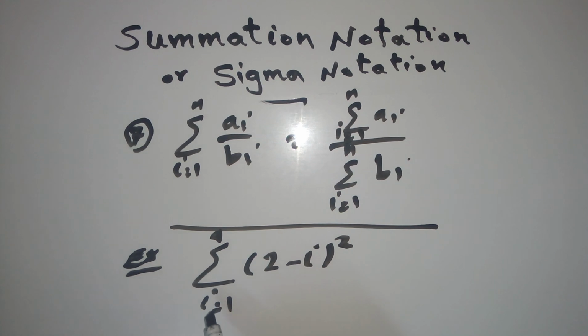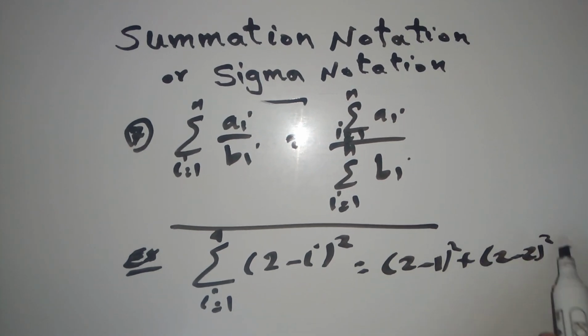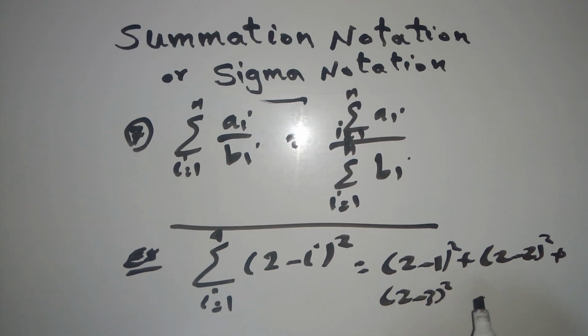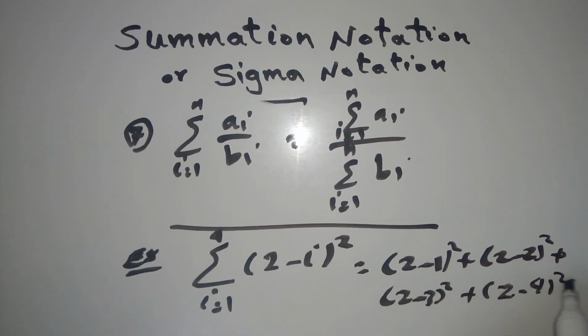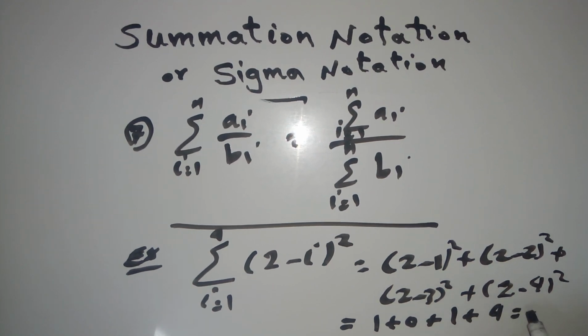Here from 1 to 4 we have only 4 terms, then we can expand it directly. 2 minus 1 all squared plus 2 minus 2 all squared plus 2 minus 3 all squared plus 2 minus 4 all squared, and get the values here. 2 minus 1 is 1, squared is 1. 2 minus 2 is 0. 2 minus 3 is negative 1, squared is 1. 2 minus 4 is negative 2, squared is 4. Then it will be 1 plus 0 plus 1 plus 4, and their sum will be 6.